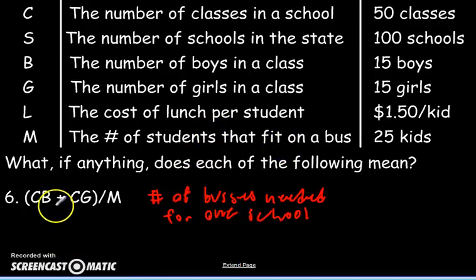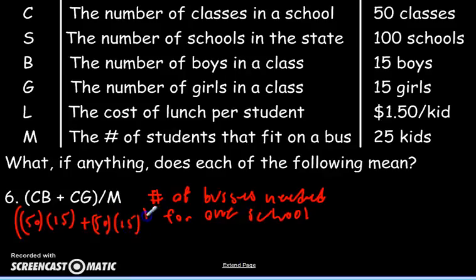Alright, so that would be 50 times 15 plus, again, 50 times 15. All of that's over 25. So 50 times 15 is 750.